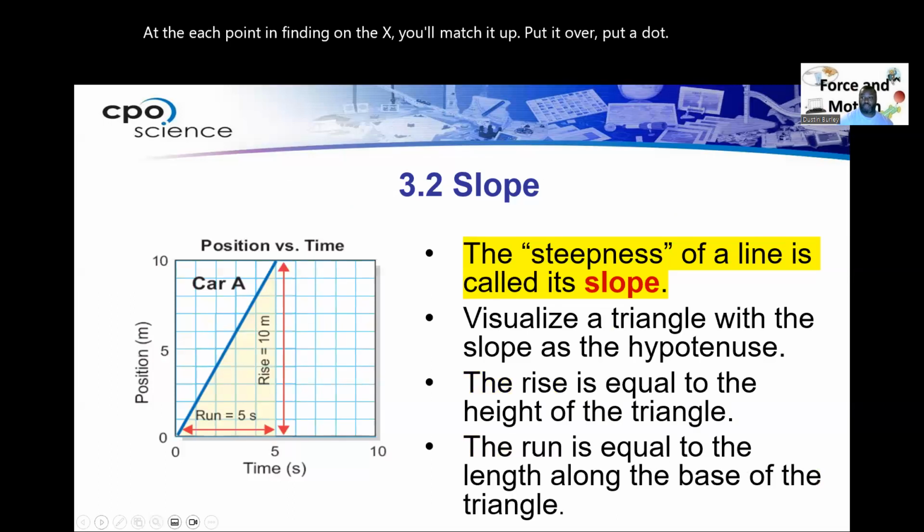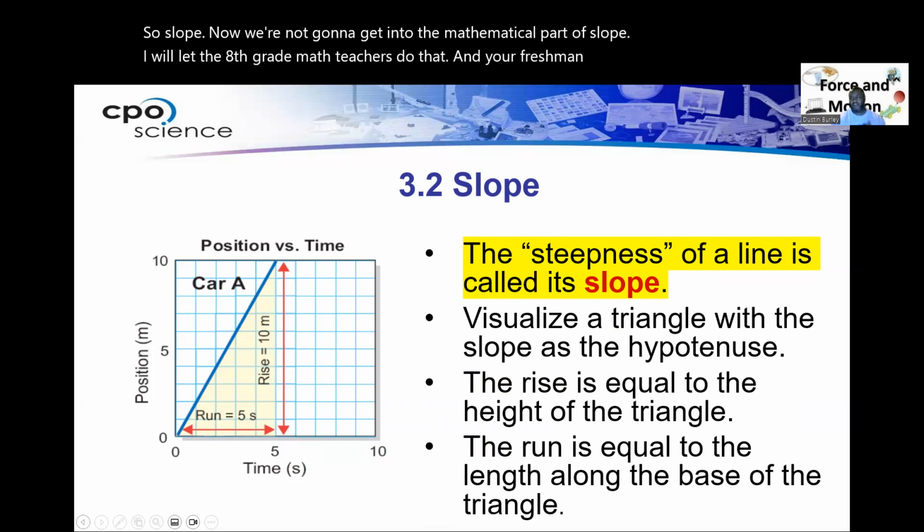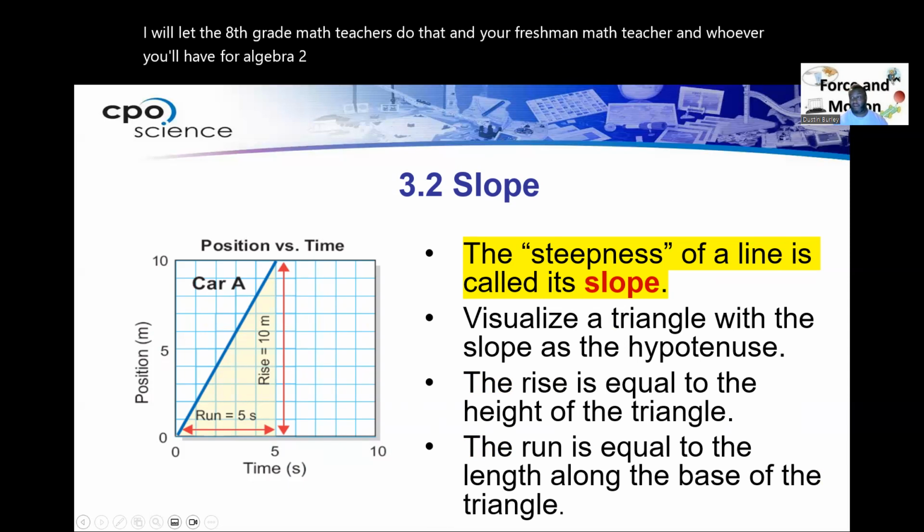So, slope. Now we are not going to get into the mathematical part of slope. I will let the eighth grade math teachers do that, and your freshman math teacher, and whoever you'll have for algebra 2 and college algebra. It is not me.